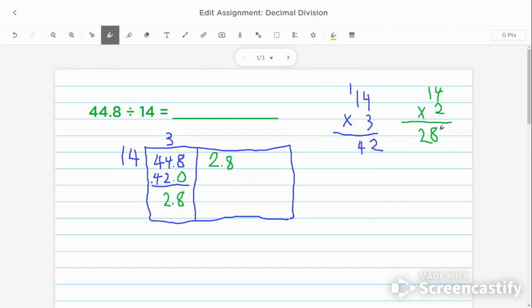If I move my decimal over one place here, and one place here, it seems like 14 times 2/10 would make 2 and 8/10. And that's what I'm looking for. So I'll put 2/10 up top. And 2/10 times 14 gets me 2 and 8/10, which is exactly what I'm looking for. I subtract and get a difference of 0, a remainder of 0.